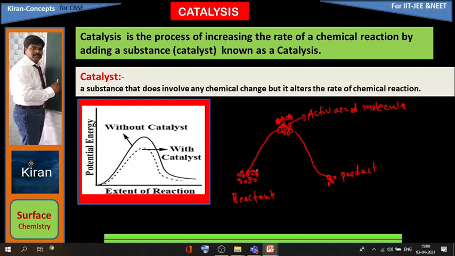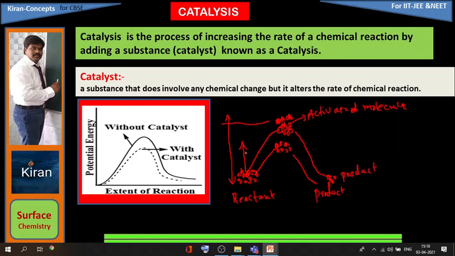When you add the catalyst, the activation energy will be up to here itself. Here the molecules combine with each other, and you will get the product. Before adding the catalyst, this is the activation energy, from here to here, and after adding the catalyst, this is the activation energy.